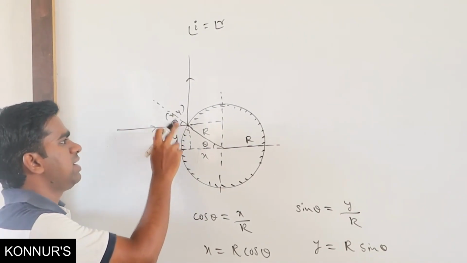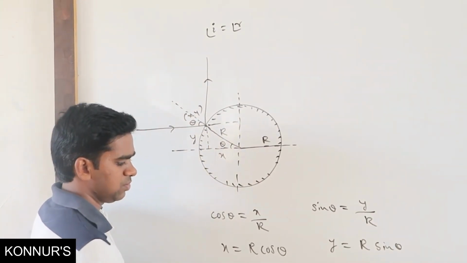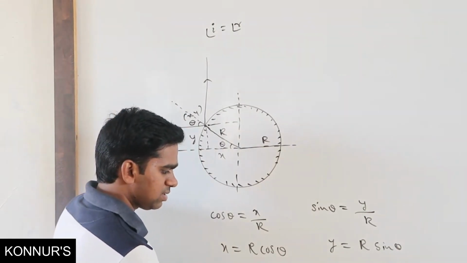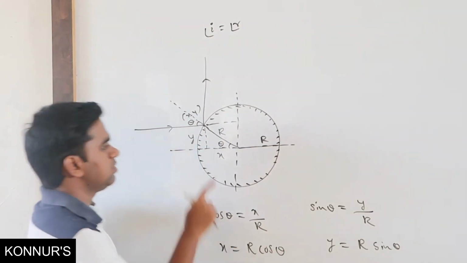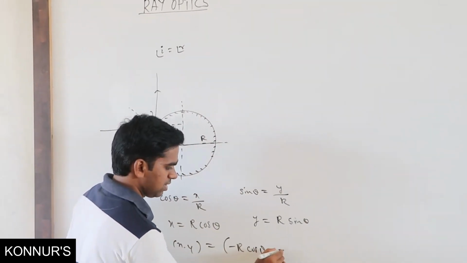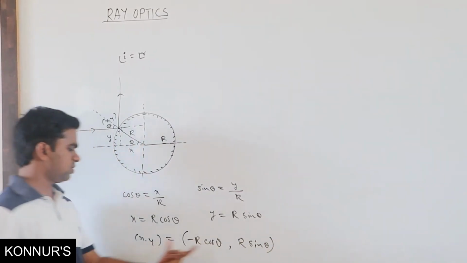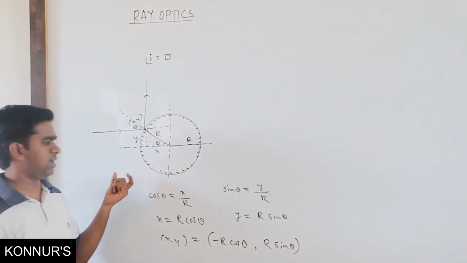Now we want the coordinates x comma y, so x comma y equals minus r cos theta, because it is on the negative x axis, and plus r sin theta. This is your x comma y that you can calculate.